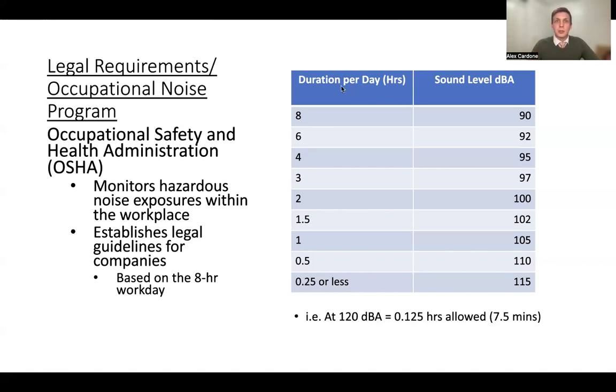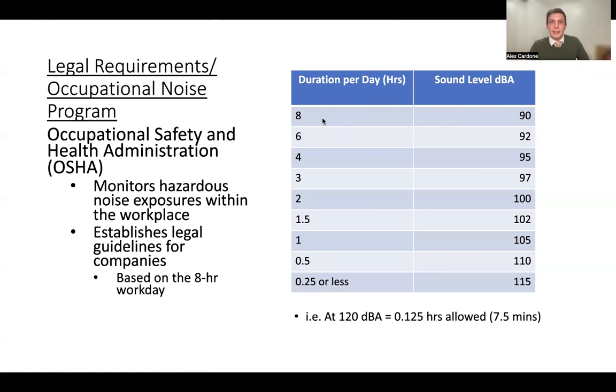From this, duration per day is in the left column, in hours. The right column is sound level in dBA, or decibels that are A-weighted. We're not going to go into A-weighted, C-weighted, Z-weighted. Just know that dBA is a decibel weighting. That's it, as a unit. That's important whenever it comes to noise exposure.